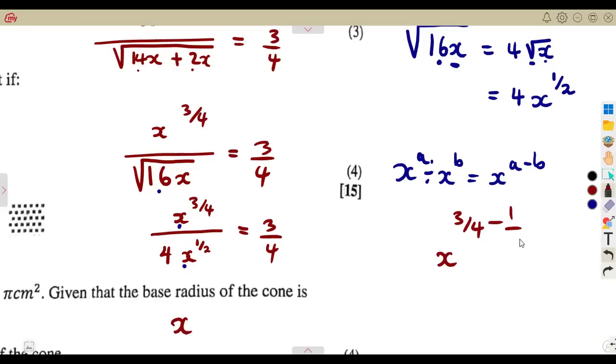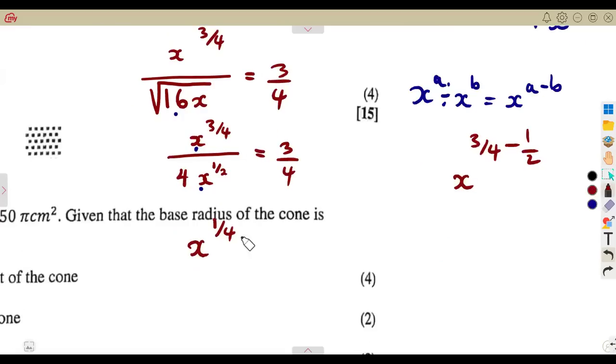We are going to subtract the exponent of 1 over 2, and that will give us 1 over 4. Everything over what? Over 4. Remember, the 4 there is still there. Everything over 4 is equal to 3 over 4. So there we applied the laws of exponents. You are dividing same bases, subtract the exponents.